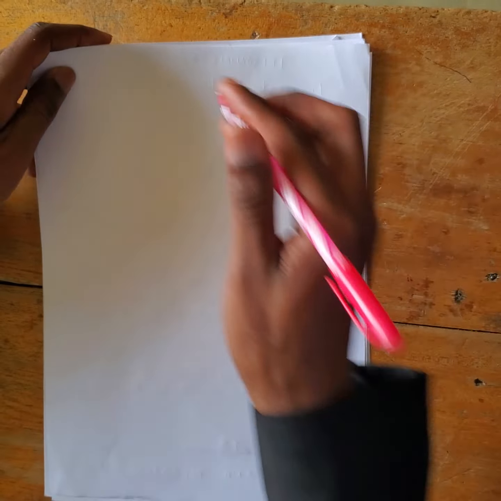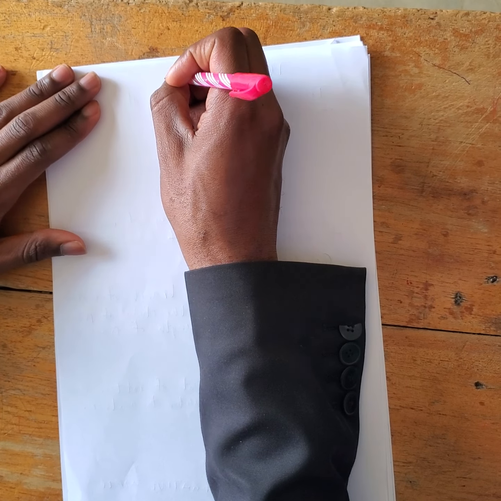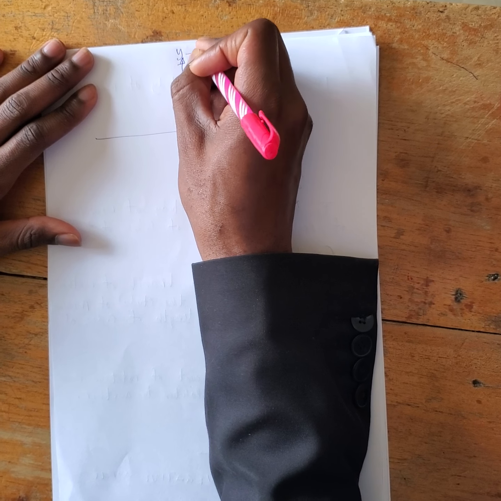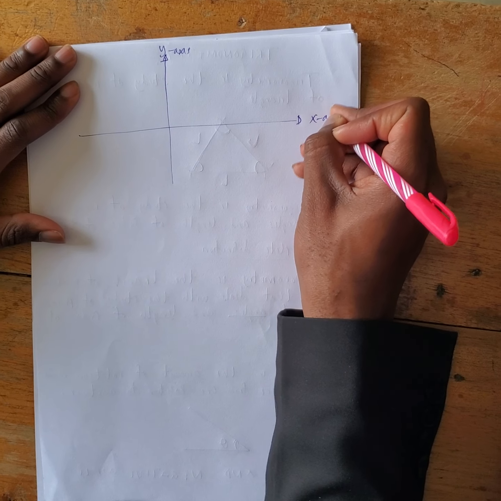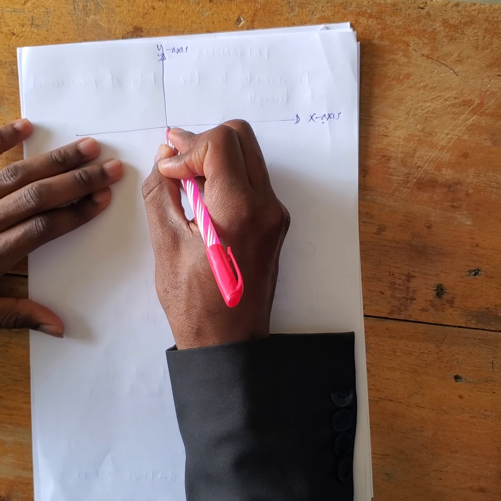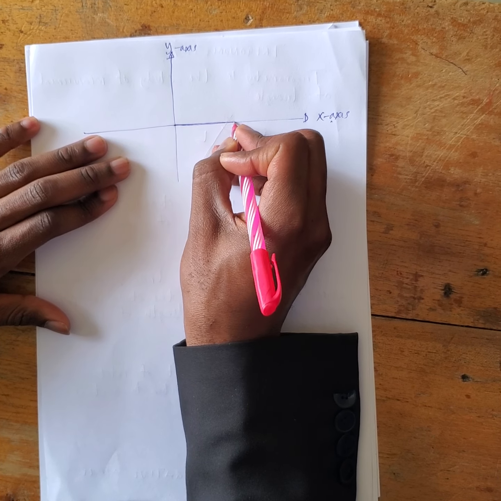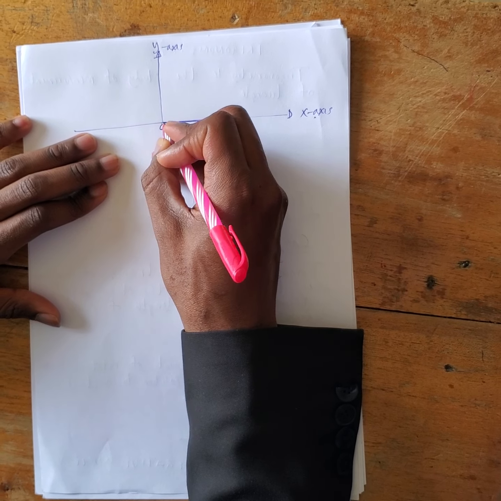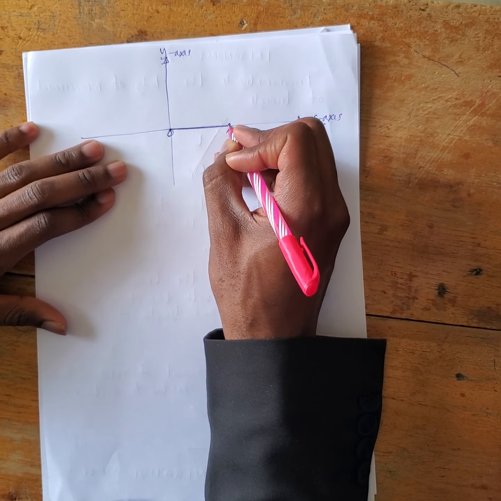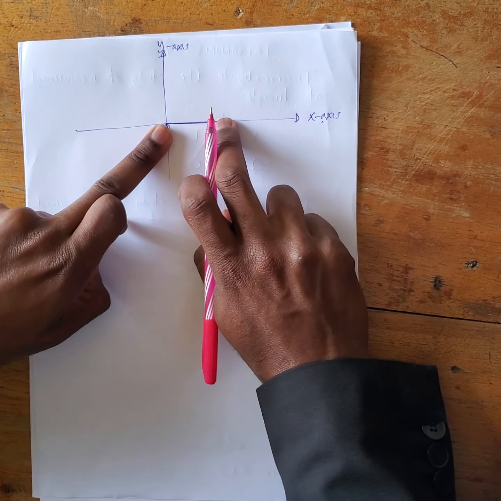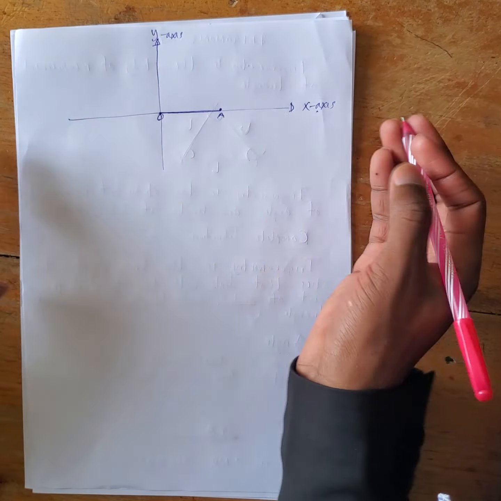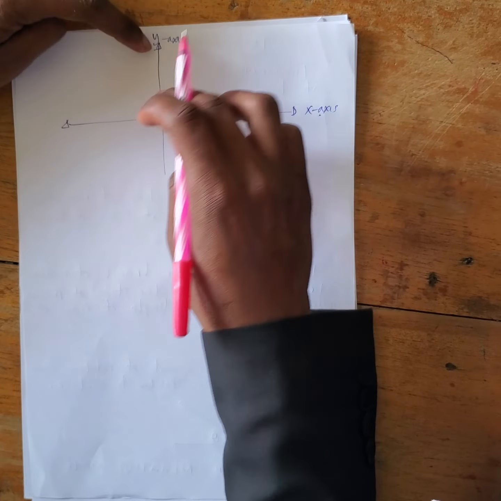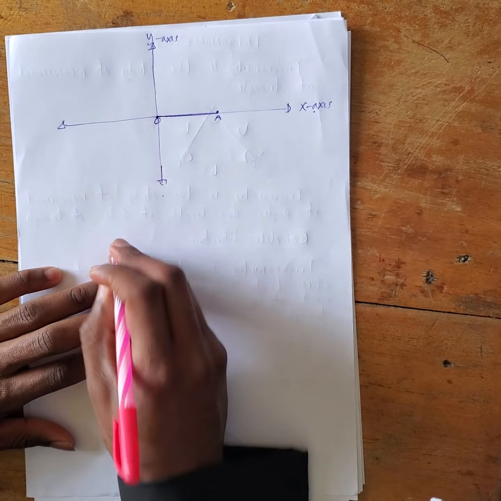For example, I have the x and y axis. I have this y axis and this x axis. In this x-axis we have a positive side and a negative side, and in the y-axis we have a positive side and a negative side. Maybe I can talk about a certain line segment OA.